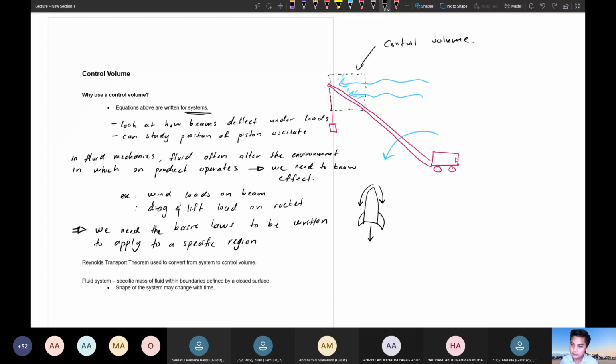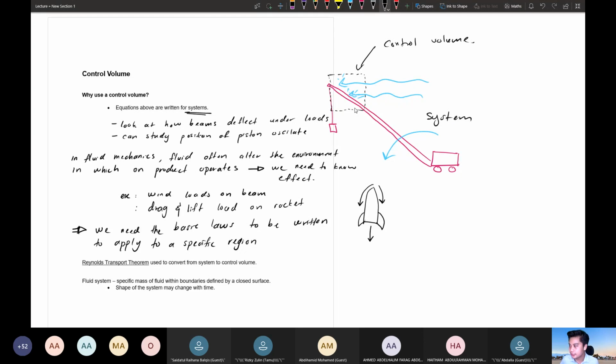Definitely it is impossible for us to analyze. Maybe we can analyze, but it's going to take time to analyze the whole system. But in fluid mechanics, we have a method to focus on a specific region, which we call the control volume, to analyze the wind loads on the beam. Okay, so from the system, you can see the whole of this is the system, and then we need to analyze only this region.